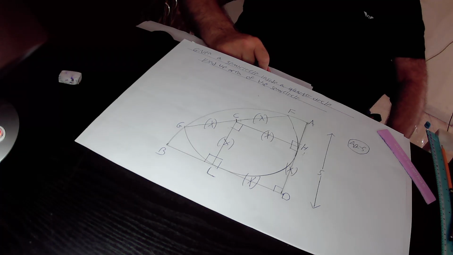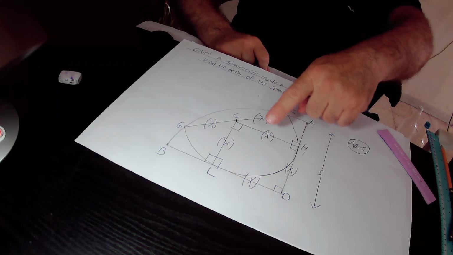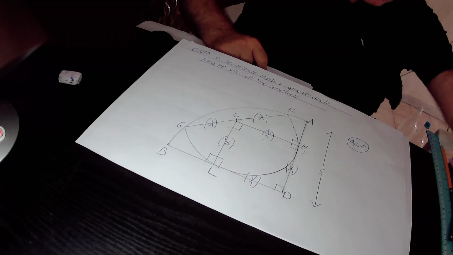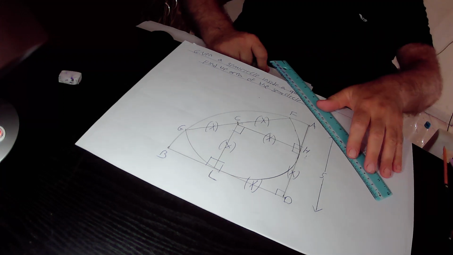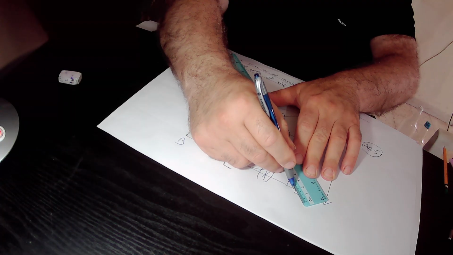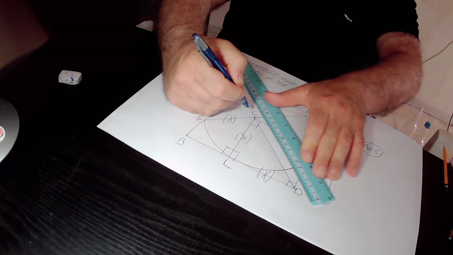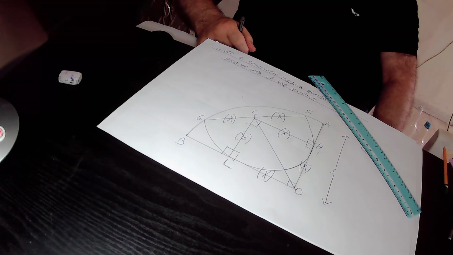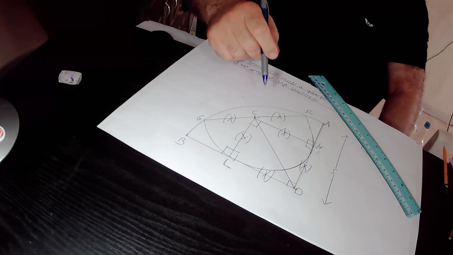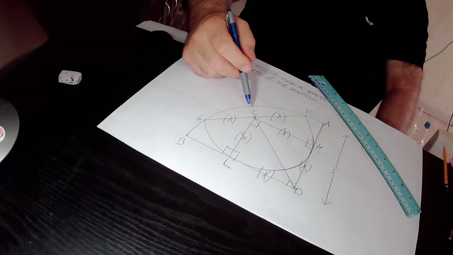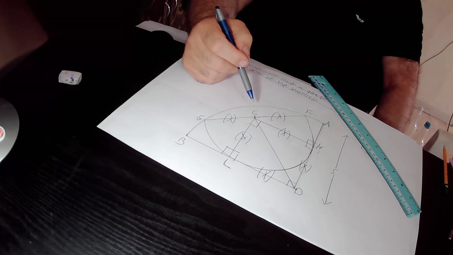In the next step, we join points O and C together by a straight line. By joining points O and C, we created here the right-angled triangle, triangle CLO. So I'll copy this right-angled triangle, triangle CLO, in a new page, and we will implement the Pythagoras theorem on this right triangle.